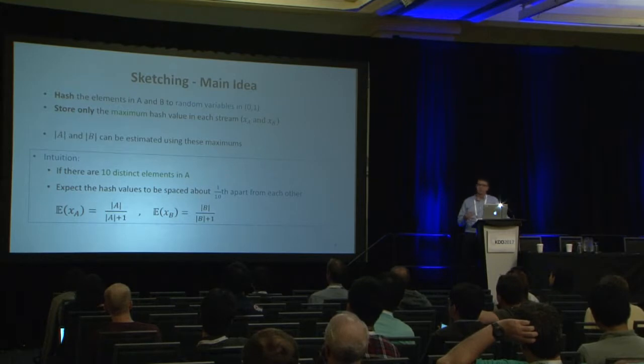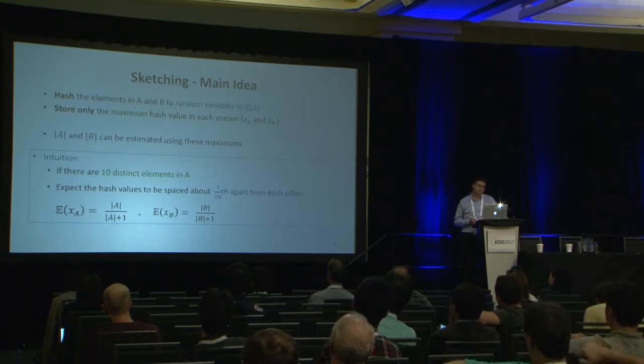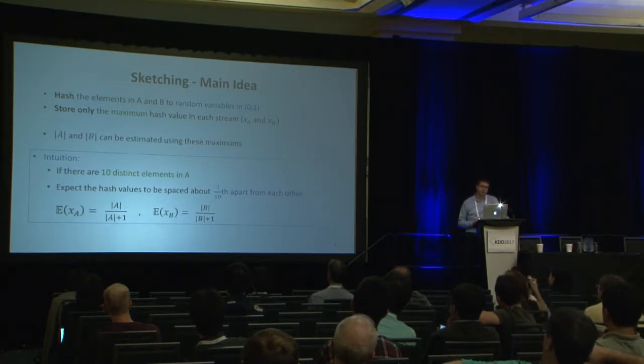So the maximal hash value in A should be expected to be about the cardinality of A divided by the cardinality of A plus 1, and so as well for B. If we store these maximal hash values, we can just solve this one variable equation to get an estimation for the cardinalities.